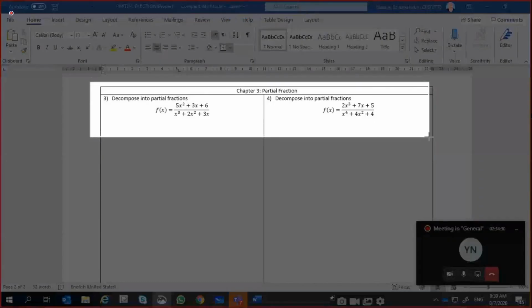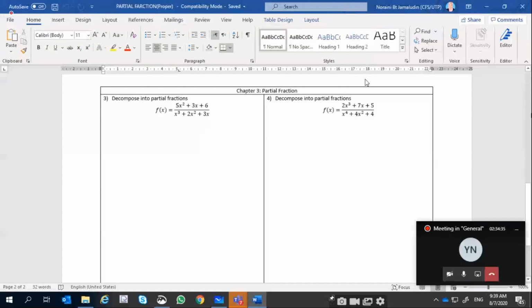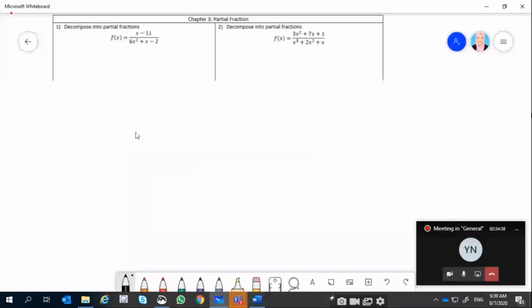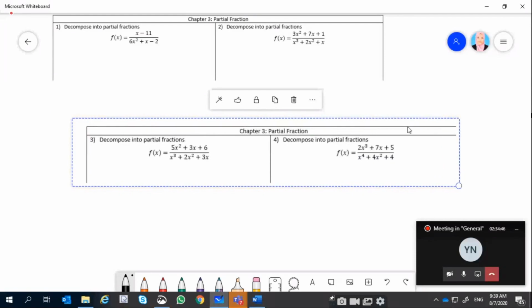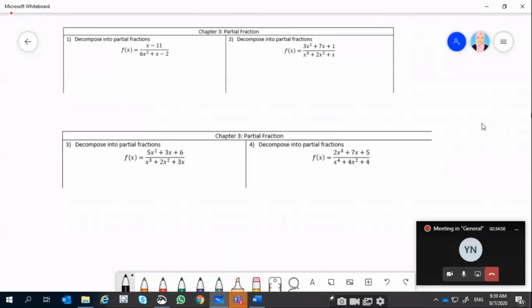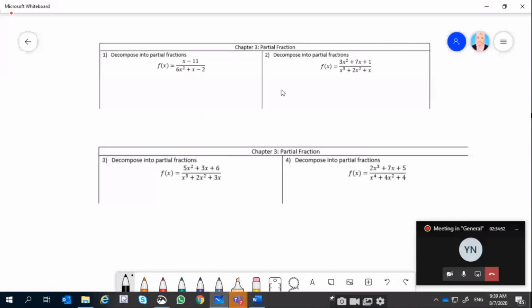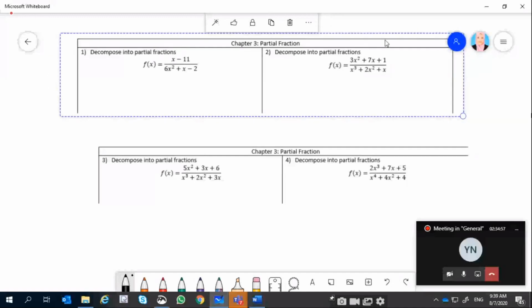The second one is also distinct linear factors. Actually, I prepared 4 questions that represent all the 4 cases.